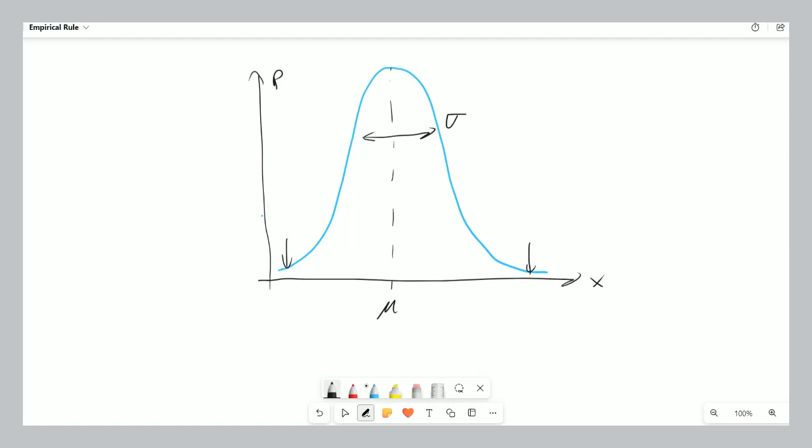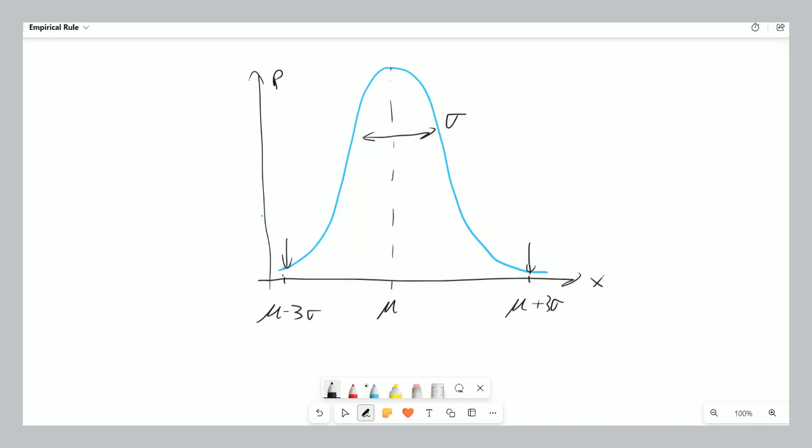Now, empirical means just something that we observe. And what we observe is that if you go 3 standard deviations from the mean value, whether it's plus 3 standard deviations or minus 3 standard deviations, if you're dealing with something that follows a normal distribution, pretty much all of the data is going to be within that range.